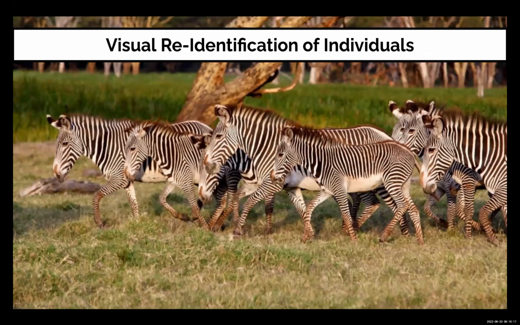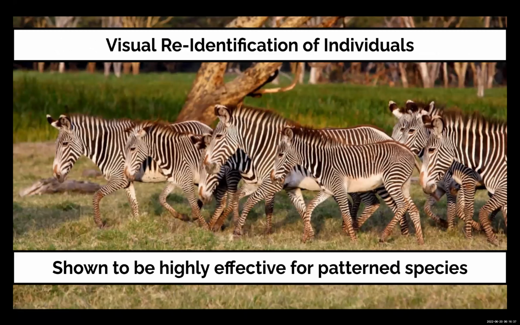So one of the things that people do to try to monitor at the individual level is visual re-identification. And this is where all of us come in. This is a computer vision problem. You're looking at images of animals and you're trying to identify in a very fine-grained way, not just what species are they, but what individual animal are you looking at?